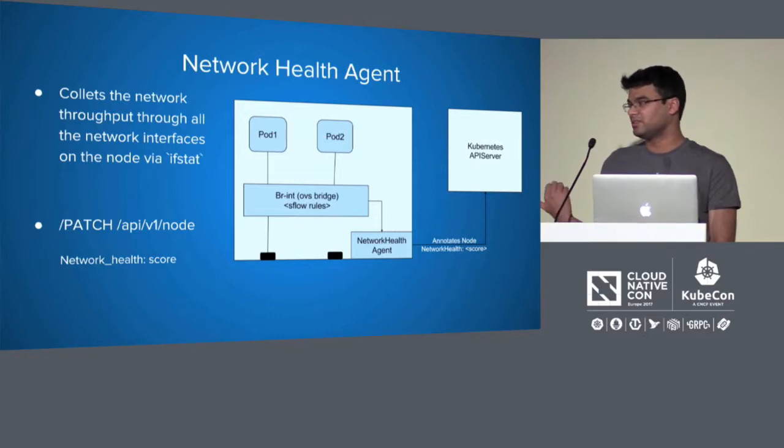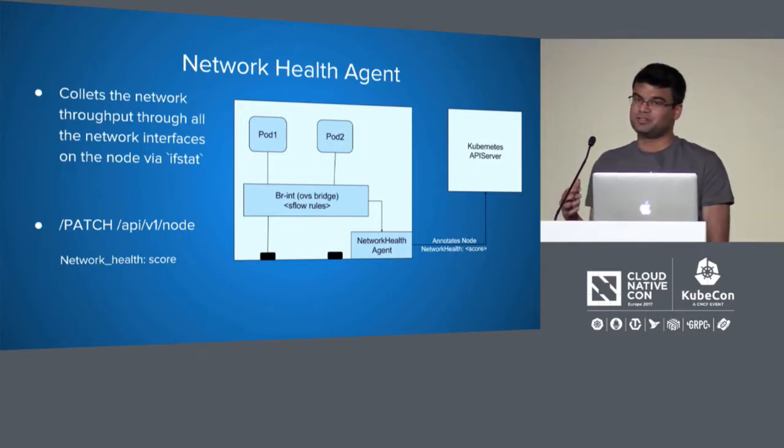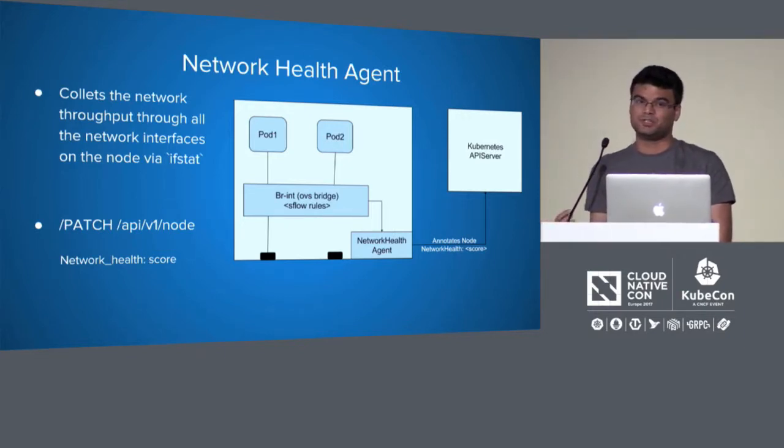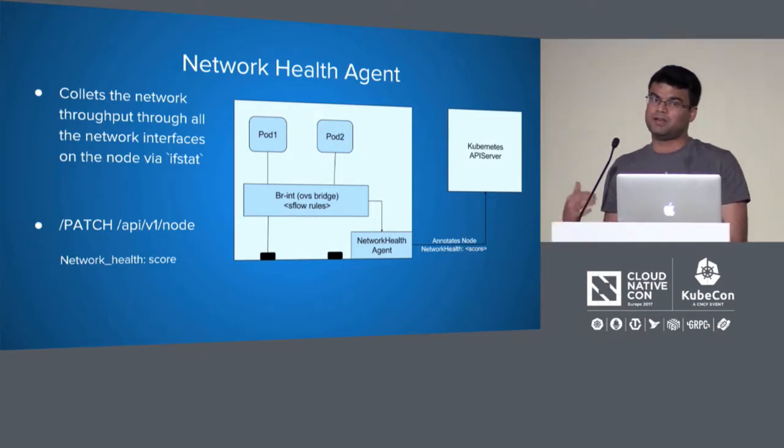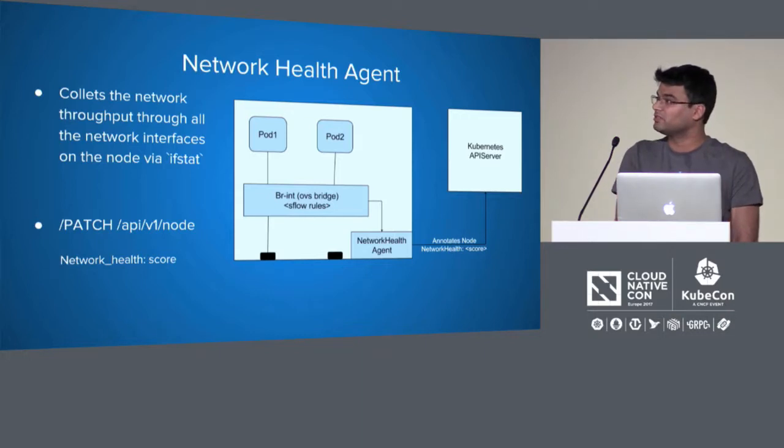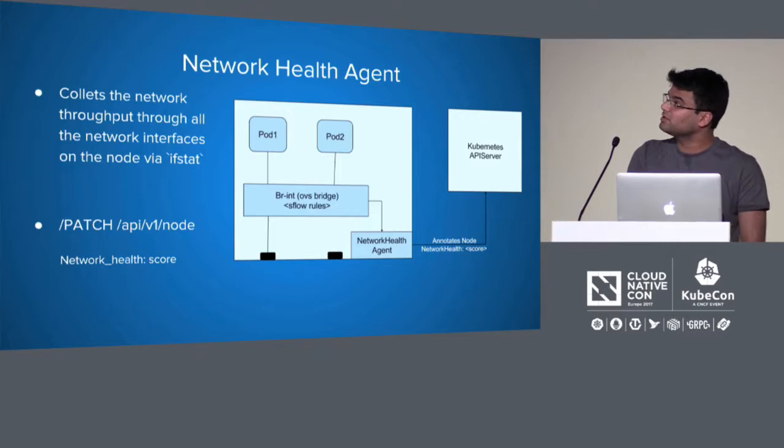In this particular instance, this information is network throughput that's collected by fstat, but you could have your own agents which could provide different information or something more optimal to your particular use case. It annotates the API server via the patch endpoint, with a key-value score, the key being the network health.